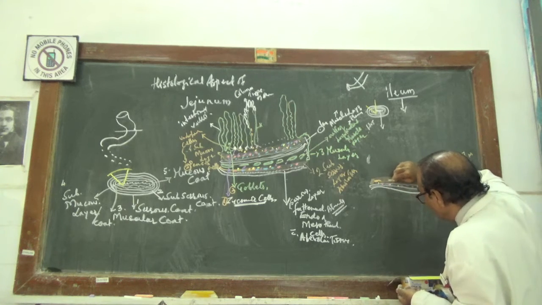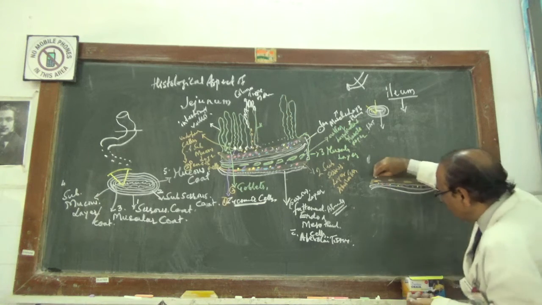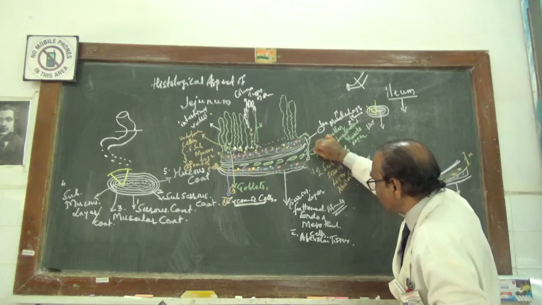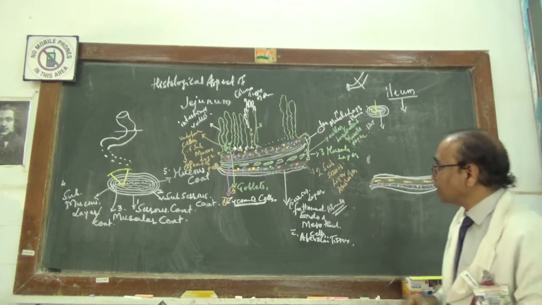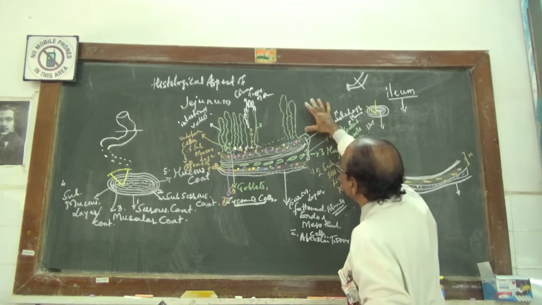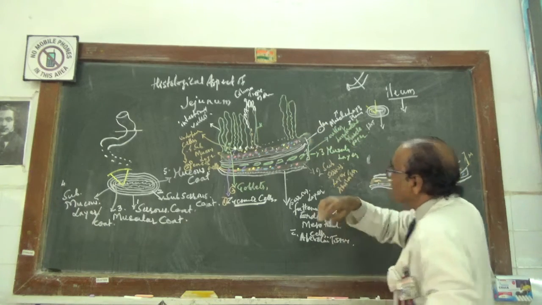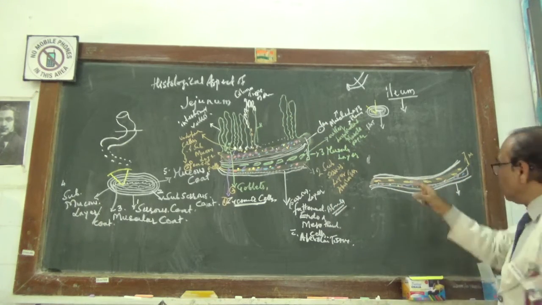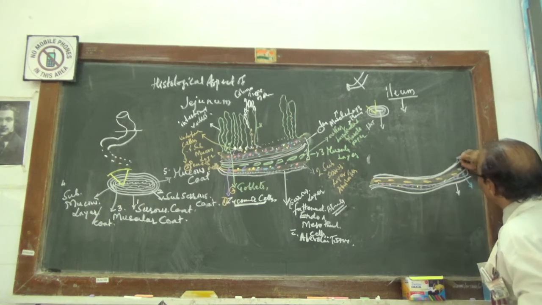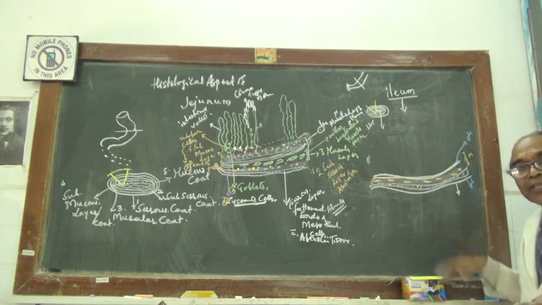One is the longitudinal, and the other is the circular, as in the jejunum. So this will be the longitudinal, this will be the circular, a muscular layer of plain variety.